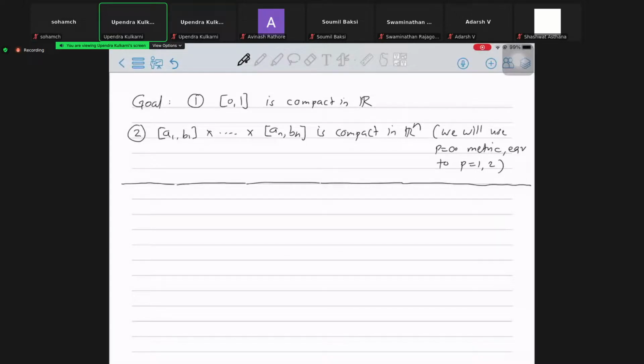Recall: a set K in some metric space X is compact means, and let's write down the definition not in terms of open sets of K, but in terms of open sets of X. Means the following.